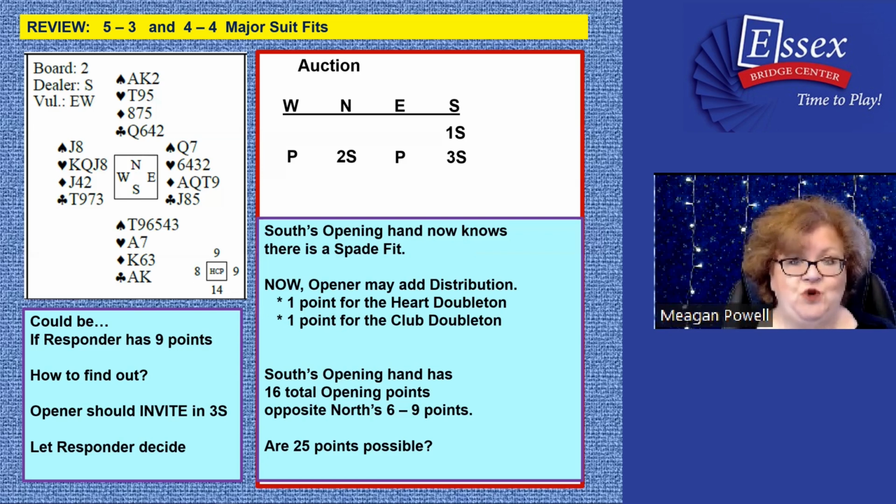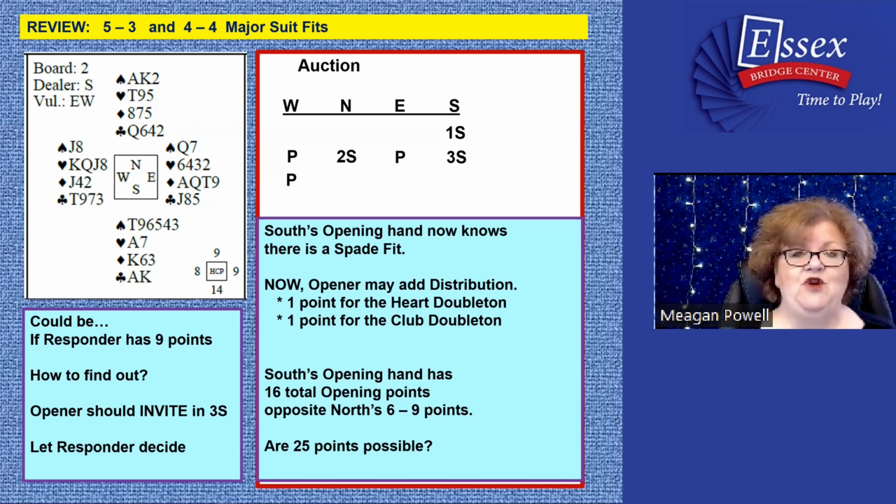You need to make sure that the partnership has reached the 3 level. Because again, if responder has shown you a minimum amount of points, she could have 9 to go with your 16 to 18. You need to let responder tell you, is she 6 or is she 9? You do that by inviting, bid 1 more, 1 level below game level, 3 spades.